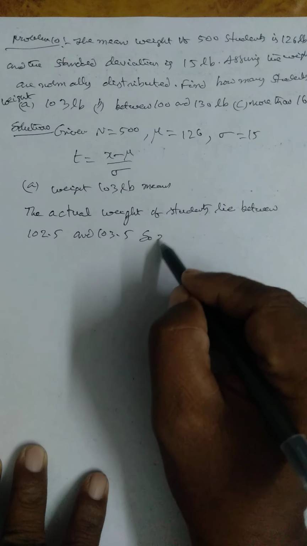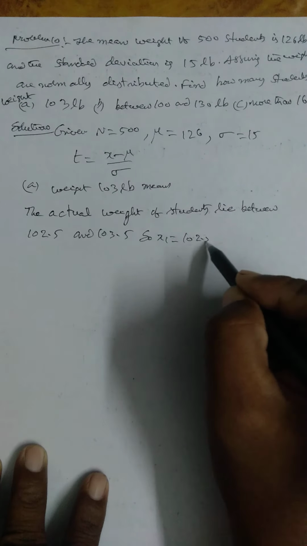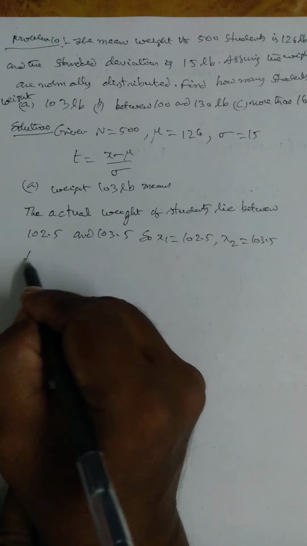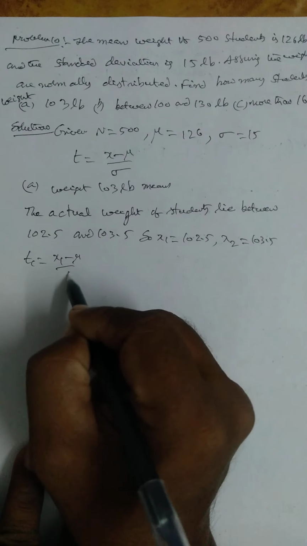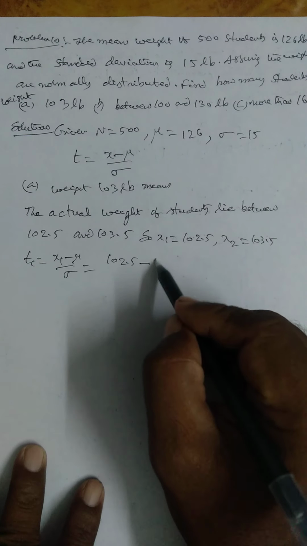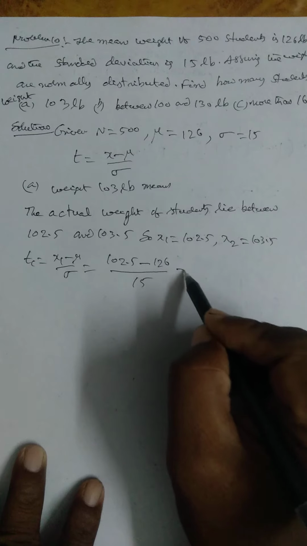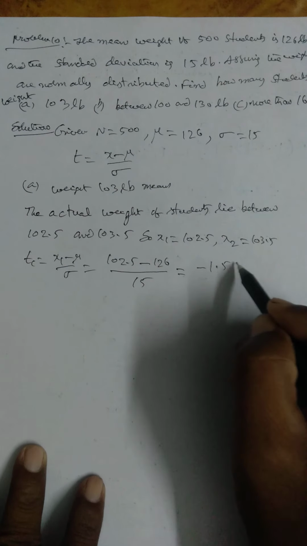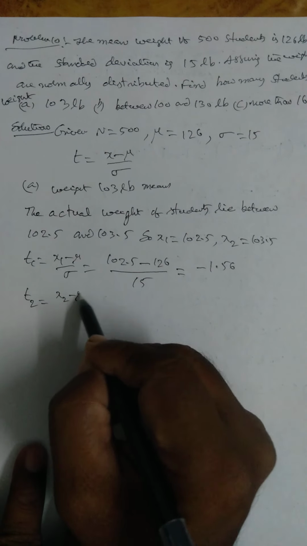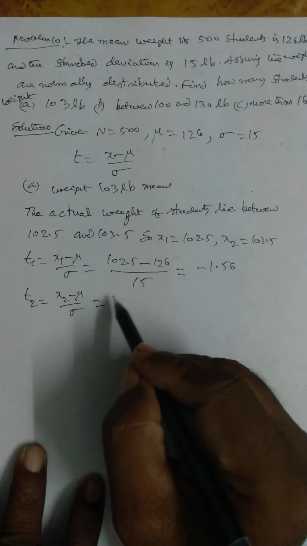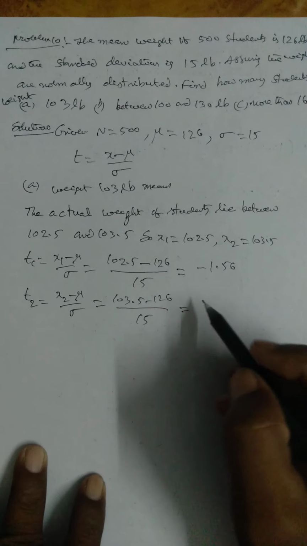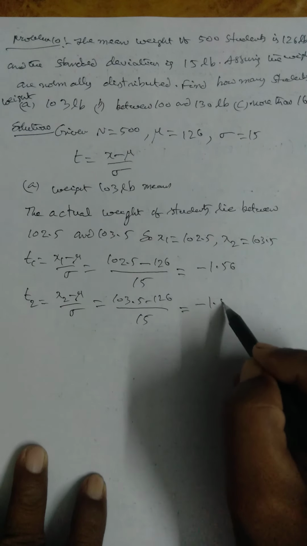So x1 is equal to 102.5, x2 is equal to 103.5. T1 is equal to (x1 minus mu) by sigma, (102.5 minus 126) by 15, which is minus 1.56. T2 is equal to (x2 minus mu) by sigma, (103.5 minus 126) by 15, which is minus 1.5.